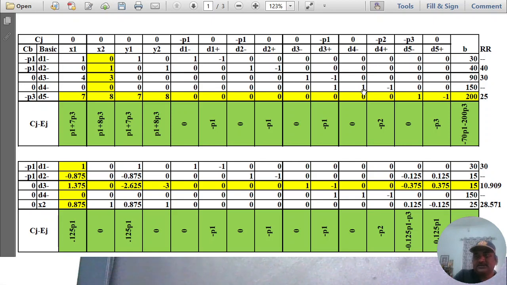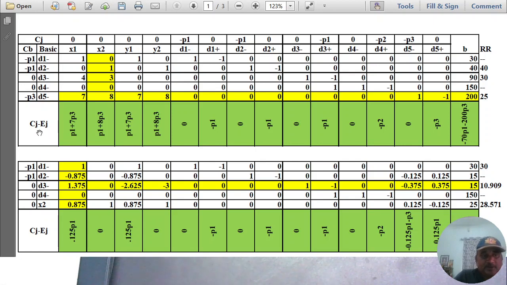Fifth is d5 minus. And the coefficients of d1 minus and d2 minus are respectively minus p1, minus p1; d3 minus and d4 minus have coefficients 0, 0; and d5 minus has coefficient minus p3.